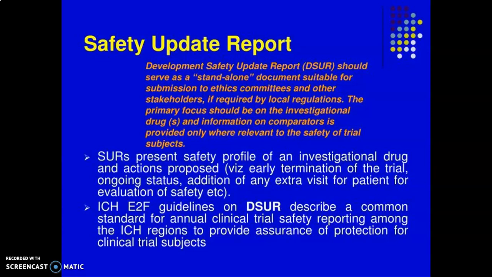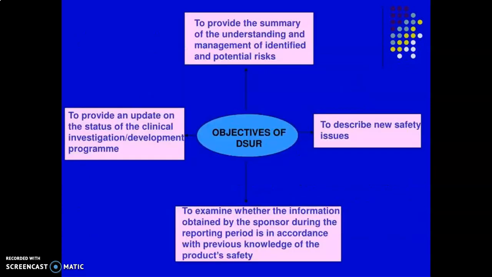Safety update reports, also called SURs, present the safety profile of an investigational drug and the action proposed. Actions include early termination of the trial or ongoing status, or addition of extra visits for a patient for evaluation of safety. Such things can be periodically updated if you have safety update reports.